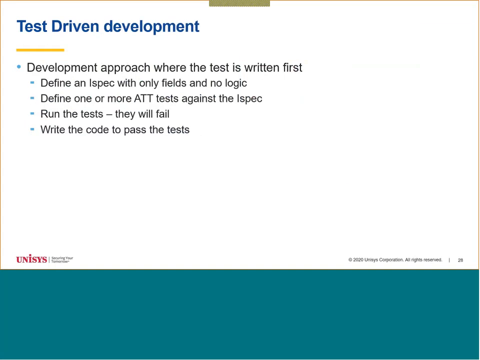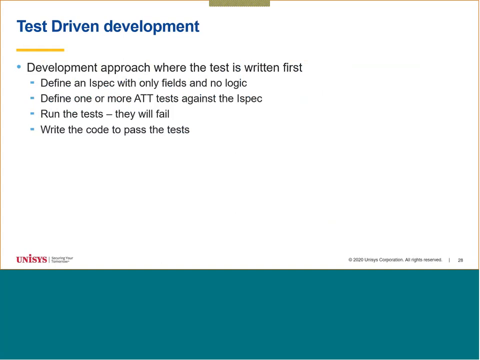You can also start to look at test-driven development, which is a different sort of paradigm where it takes a bit of getting used to in that you write the test first, and then you write the code. So the idea is you define an iSpec, create some tests, and then run it, and they'll almost certainly fail. And then the developer writes the code to pass the tests.